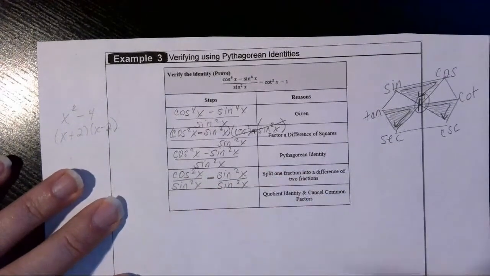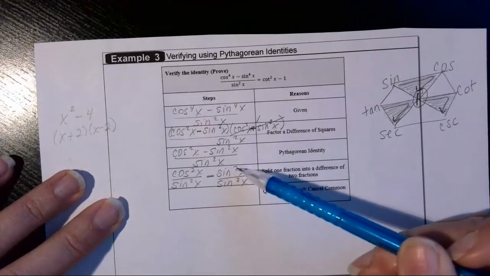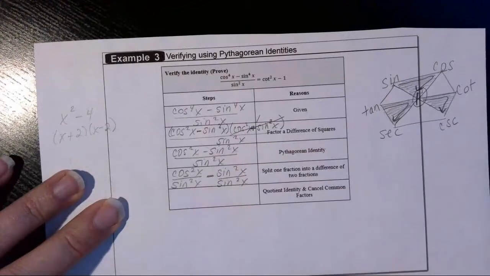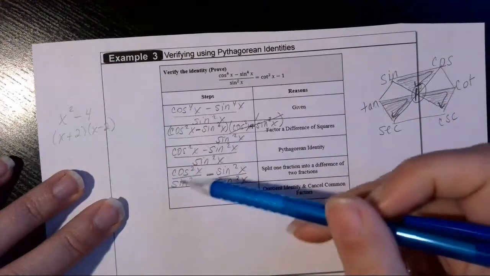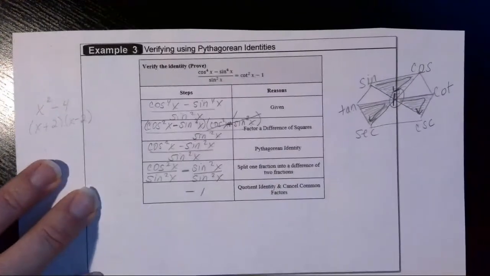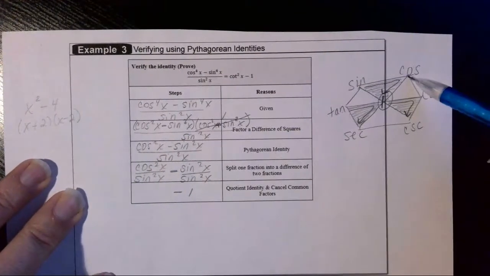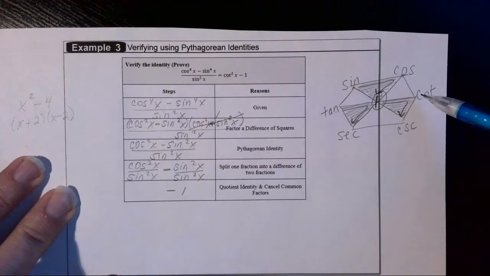Okay, so we just split apart that one fraction into two, and the sine squared of x divided by sine squared of x, that's just 1. Any number divided by itself is 1. So we'll have a minus 1 here. And then cosine divided by sine, if I look at my pentagon for remembering trig identities, here's my cosine, here's my sine, and remember that the quotient identities are the ones that have consecutive vertices.